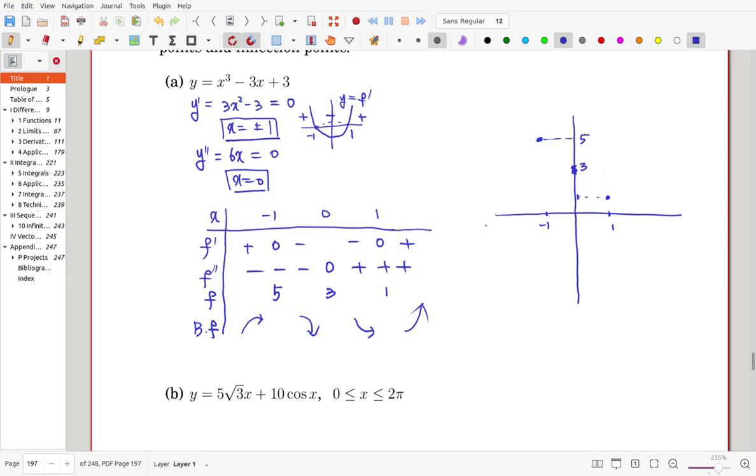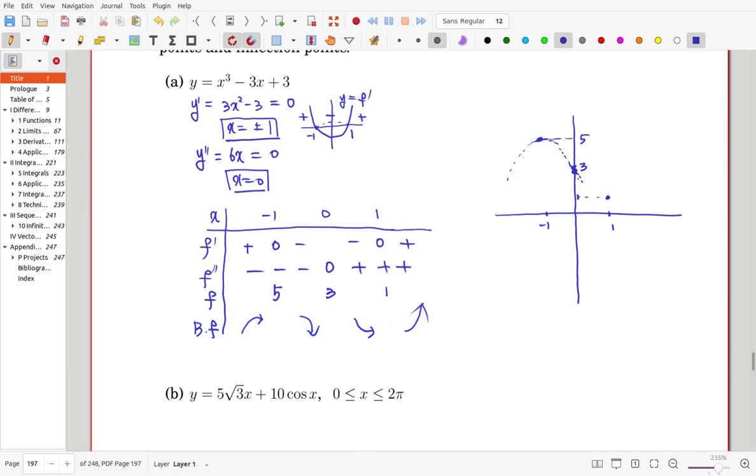Left of minus 1, it is increasing but concave down. Between minus 1 and 0, it is decreasing and concave down. Between 0 and 1, it is decreasing but concave up.